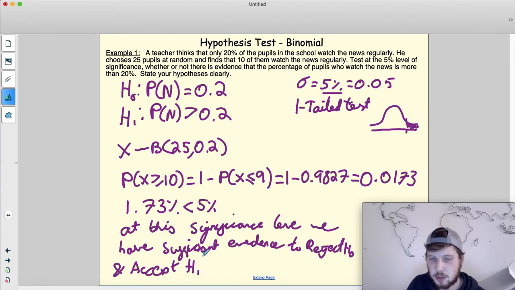So therefore, after this test has been conducted, I have sufficient evidence to reject my H0 and also accept my alternate hypothesis that the probability would indeed be greater than 20%.